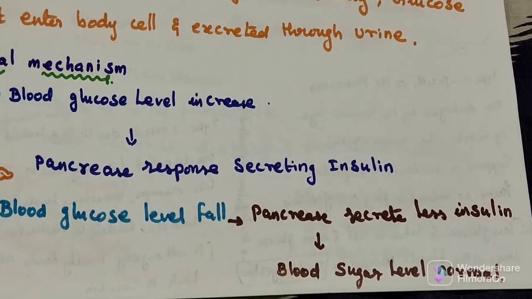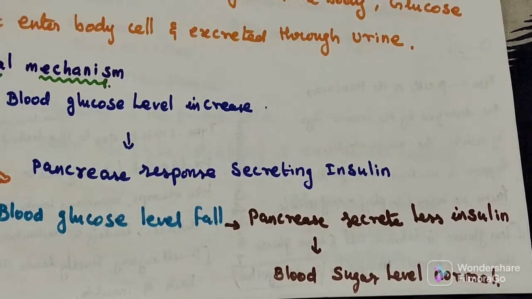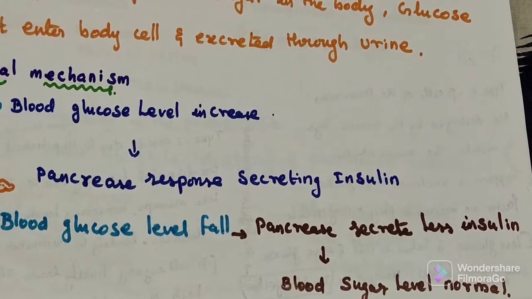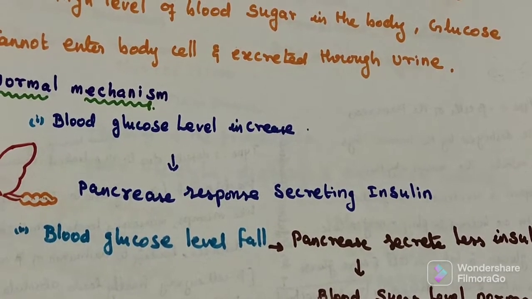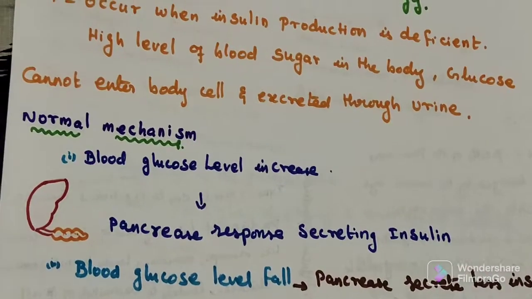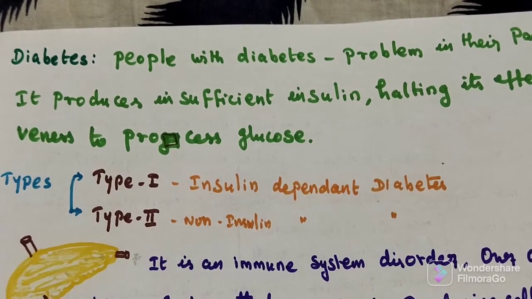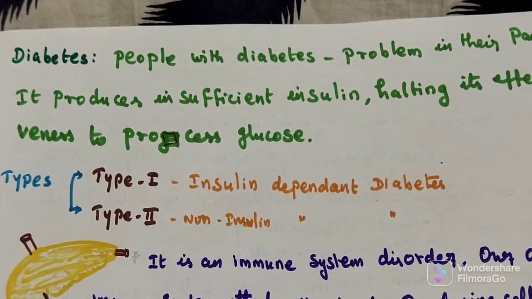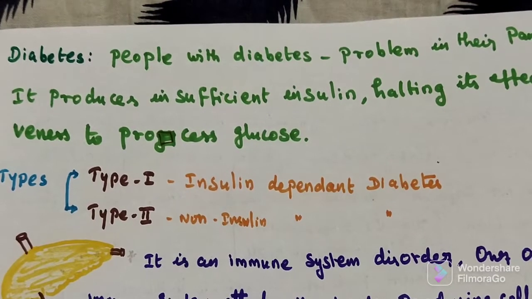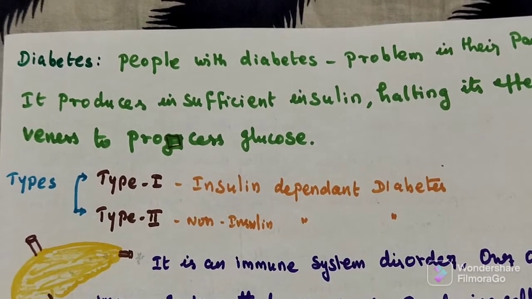The pancreas will secrete less insulin when the blood sugar level is low. It decreases the glucose metabolism and gives the chance for the sugar level to increase and return to normal.